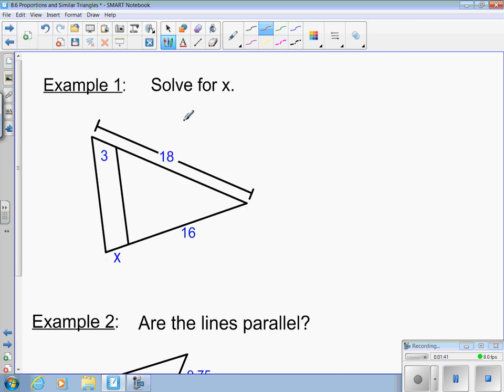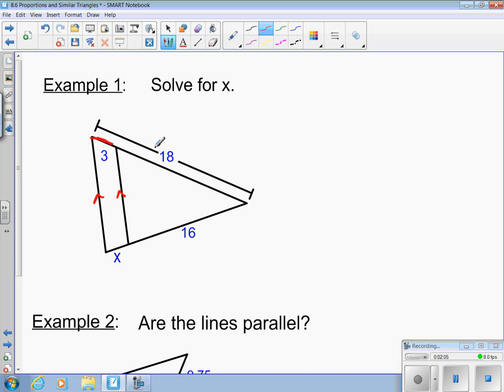To solve for x, we're going to assume that these lines are parallel. We have a couple of options, but using that last theorem, I'm going to figure out these pieces. This is 3. Well, what's this piece?